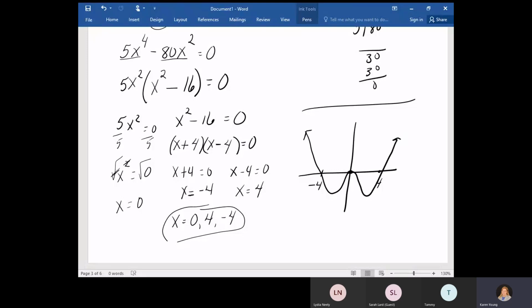Okay, but these values that we're finding for X are X-intercepts of polynomials. So it's where the line either crosses the X-axis or touches the X-axis. And since I did the square here, I have X squared equals 0. This means that I'm going to have, oh crap, that word just went.